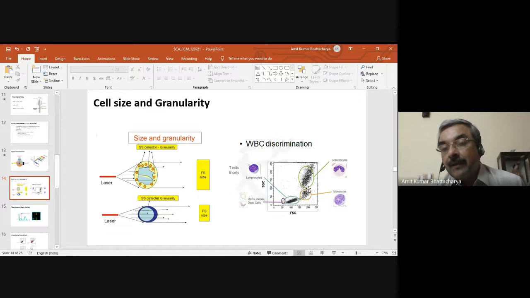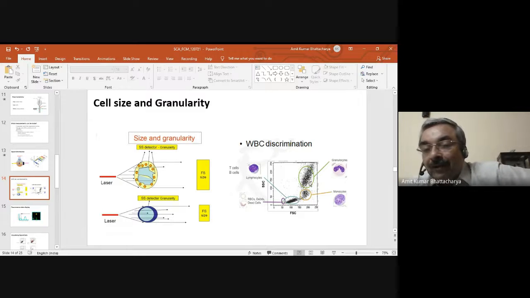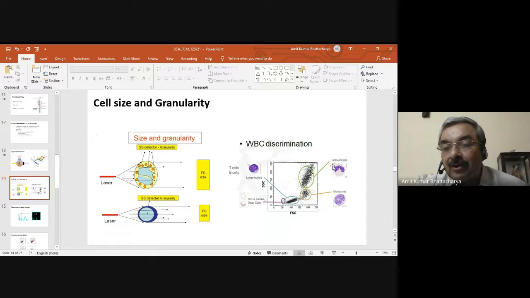If you go up here, you find the granulocytes, whose name by itself means that they're very granular. They have a very granular cytoplasm: neutrophils, eosinophils, basophils. If you stain them and look under the microscope, you'll find lots of small, speck-like particles inside them. So they have a very granular population, and therefore the maximum side scatter.